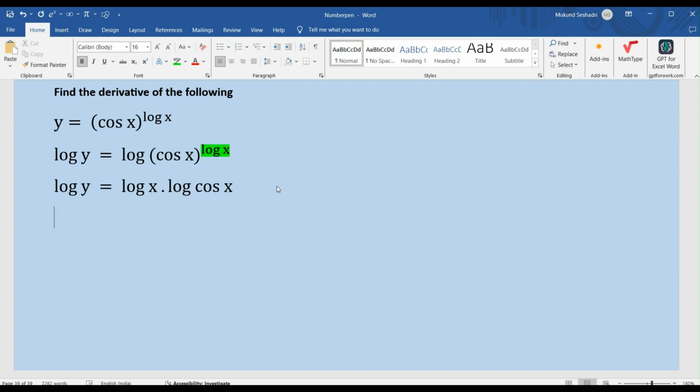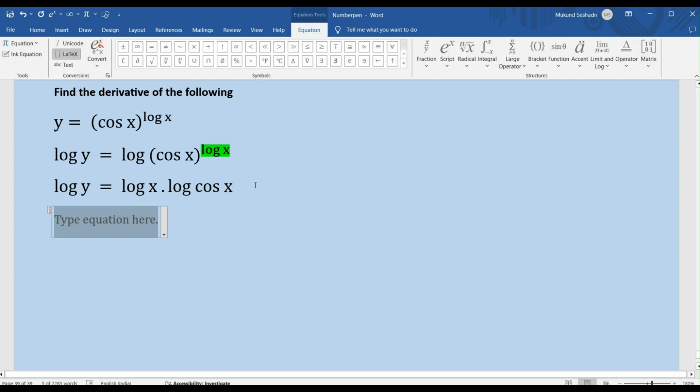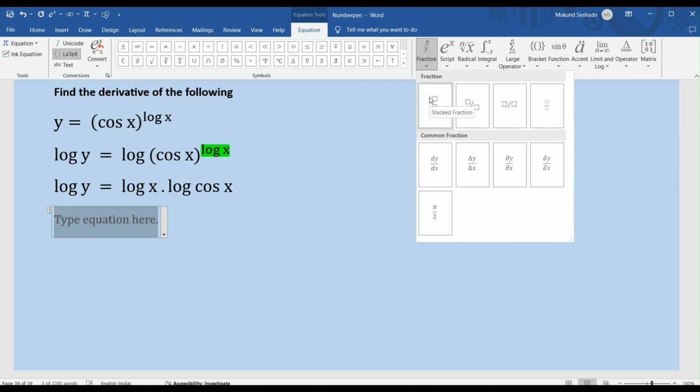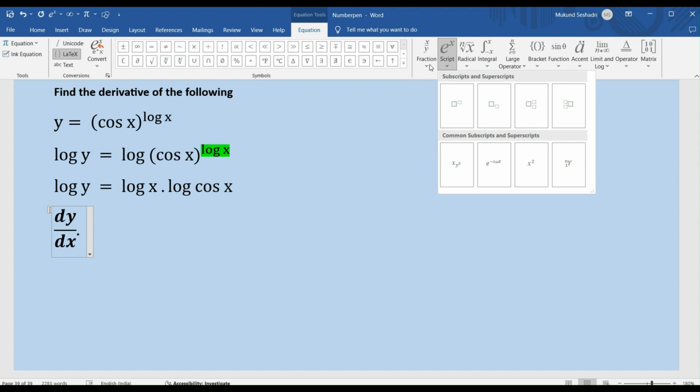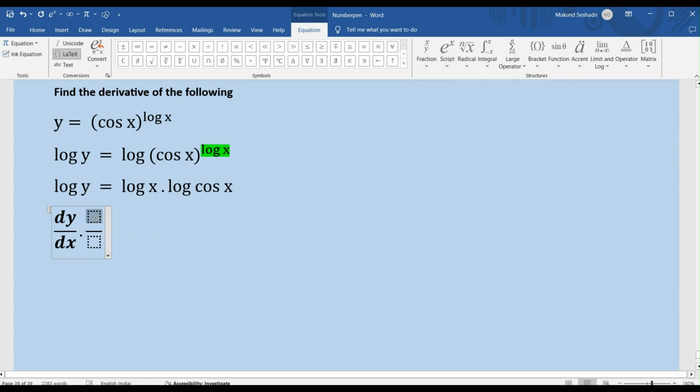So let's do that. All we do is differentiate on either side. And when I do that, my log of y becomes dy by dx times 1 by y. And why is that? Because we are trying to differentiate this entire expression with respect to x, right? So our job is to find out what is dy by dx. When I do d by dx of log y, I first differentiate the outer function, which is my log function, and then I multiply it with d by dx of the inner function, right?